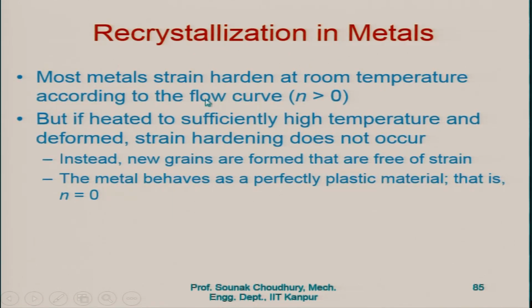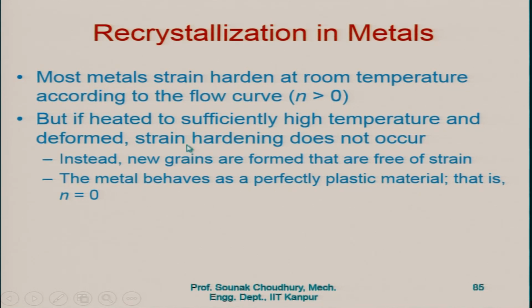Recrystallization in metals. Most metals strain harden at room temperature according to the flow curve. Okay. So, if you see most of the metals, the n is more than 0, but if heated to sufficiently high temperature and deformed, then the strain hardening does not occur.